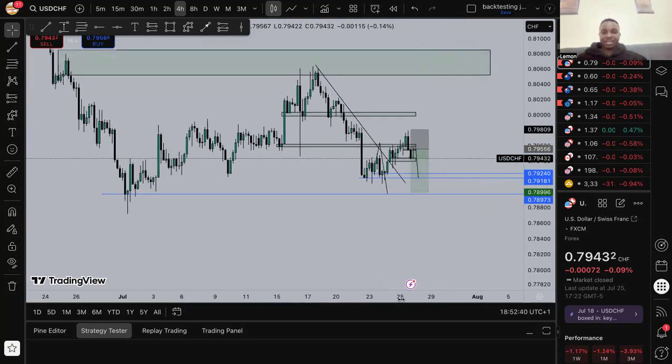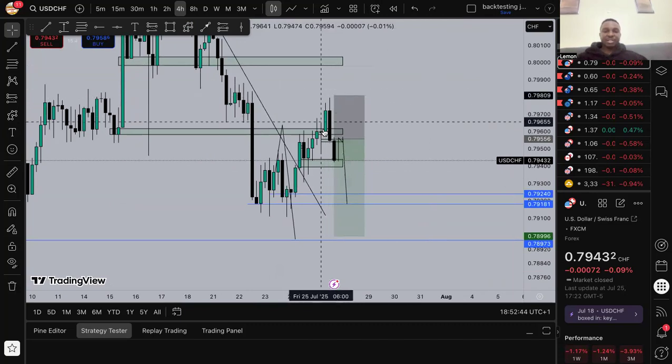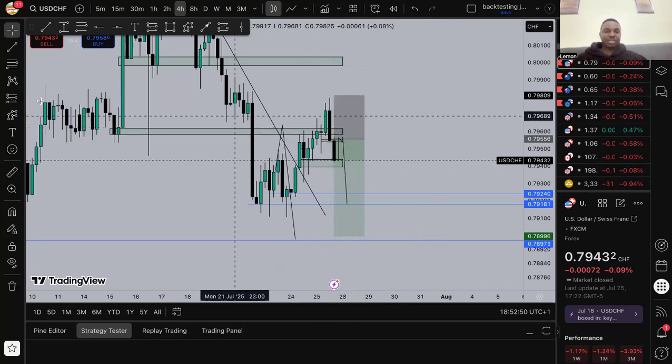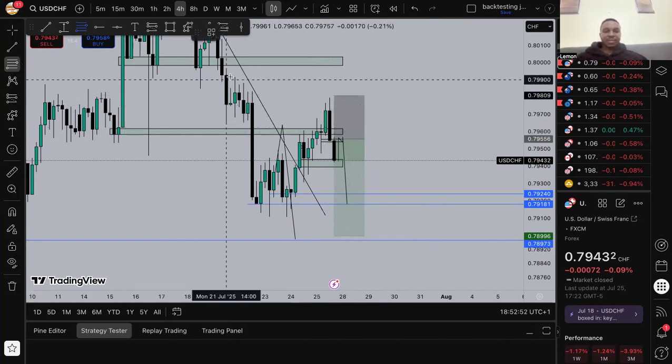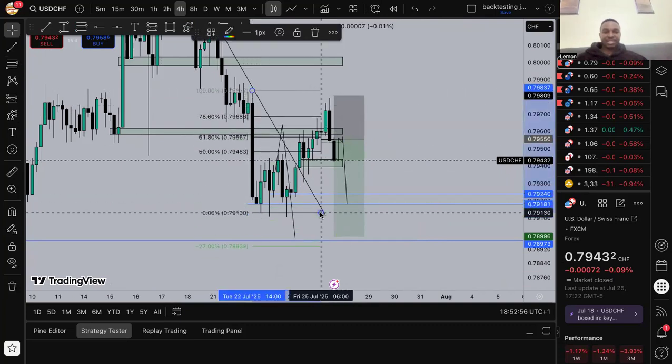I'm already waiting for this trade to play out for me, because I already saw a bearish engulfing at the zone, this bearish candle engulfing this bullish candle. If we take our Fibonacci from point A to point B, you can tell that we are sitting pretty on our 78.6% zone, coming down to our 61.8% zone.